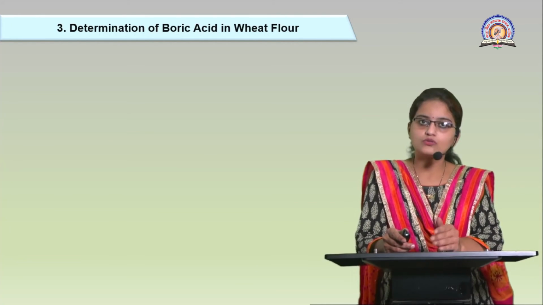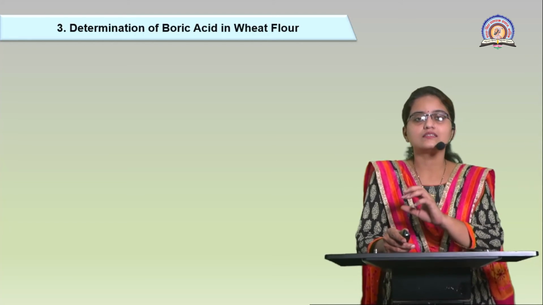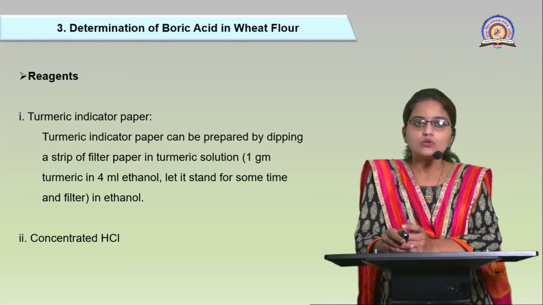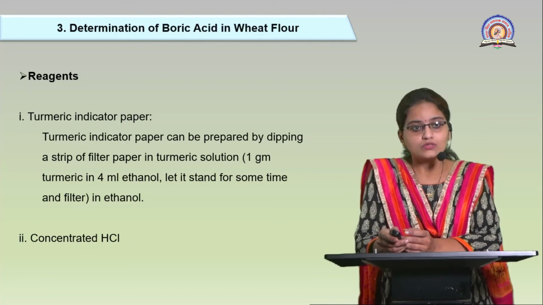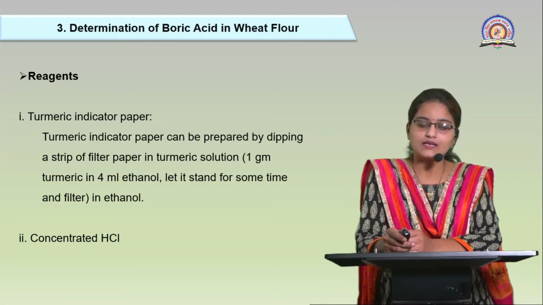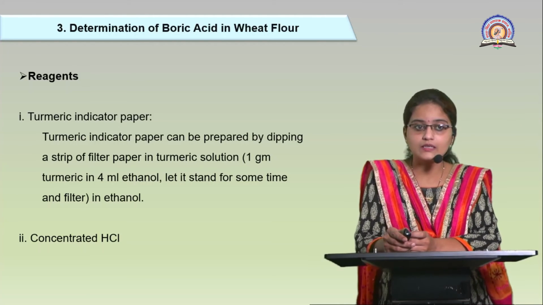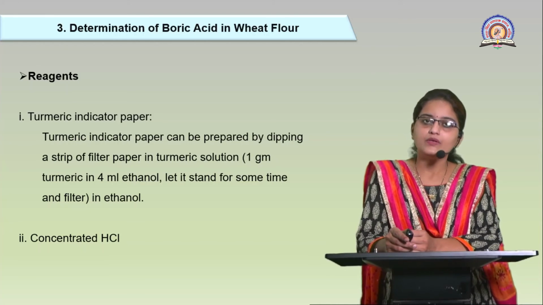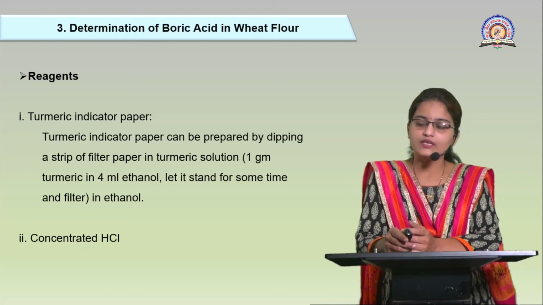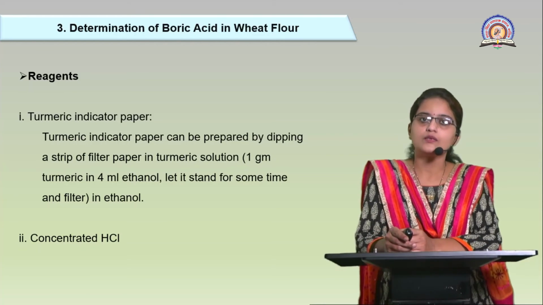Boric acid is also added inside the wheat flour to dilute it and to increase its concentration. So, to check the presence of boric acid, we can use turmeric indicator paper as well as concentrated HCl. Now, how can we make that turmeric indicator paper? Turmeric indicator paper can be prepared by dipping a strip of filter paper, either simple filter paper or Whatman filter paper, in a turmeric solution.